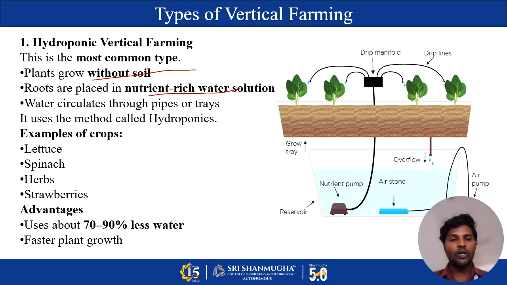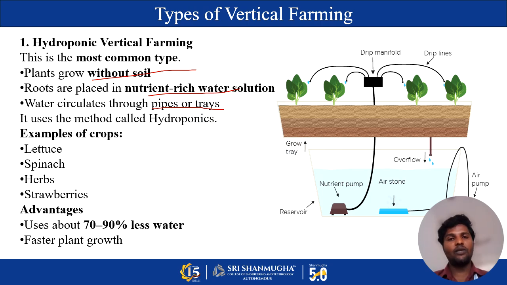Water circulates through pipes or trays. This method is called hydroponics. Examples of crops grown in hydroponic vertical farming systems are lettuce, spinach, herbs and strawberries.